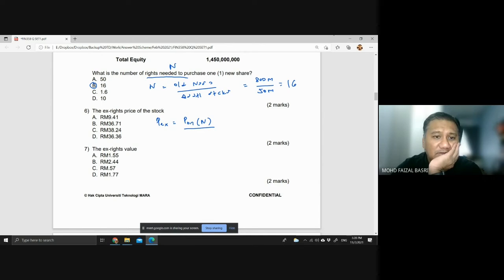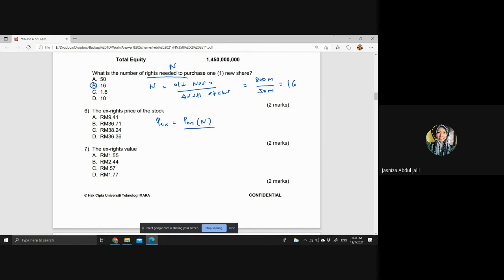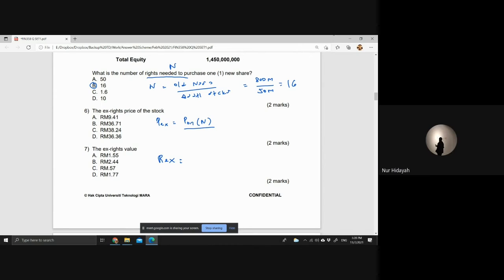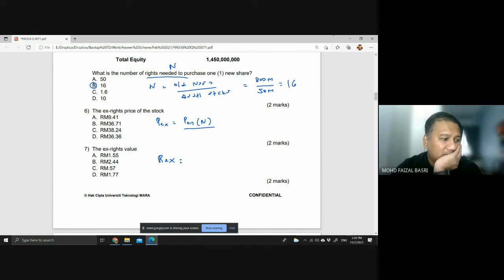Apa formula dia again? Sorry. Bahagi PS tambah PS. Ni price X, bukan dia ada dua, satu price X, satu lagi yang REX tu, yang value of stocks tu. Ya, ini untuk price of the stock kan?